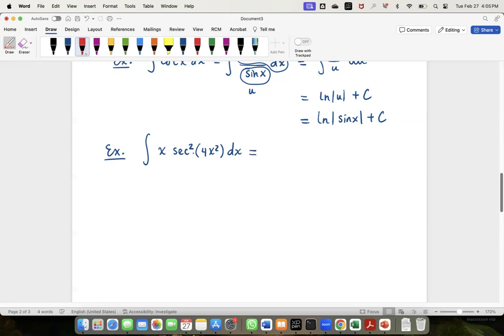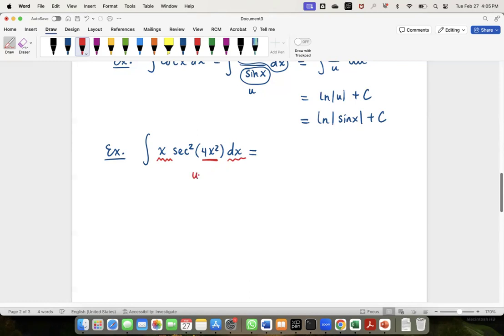Now take a look at this. I have secant squared. I know antiderivative of secant squared is tangent, but inside secant squared, I have 4x squared. And if I take the derivative of 4x squared, I have x, like 8x dx. And I have that x right here. And I have that dx right here. So maybe I can try that.